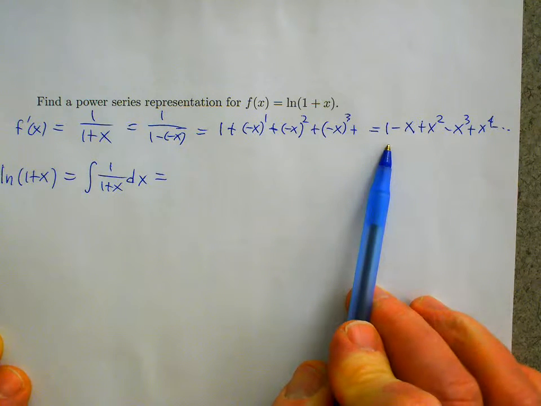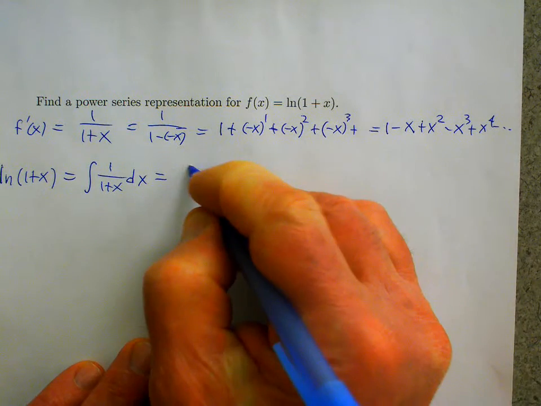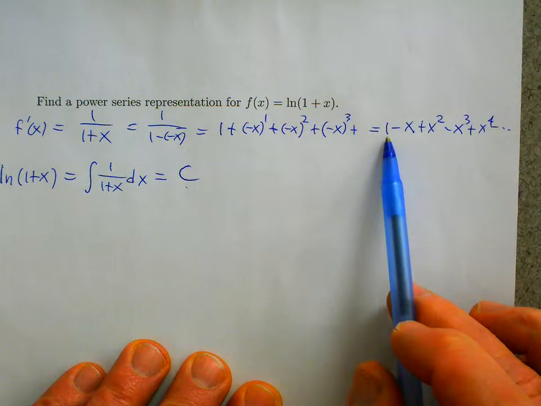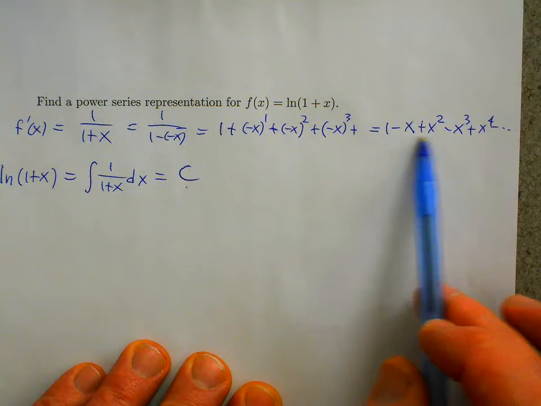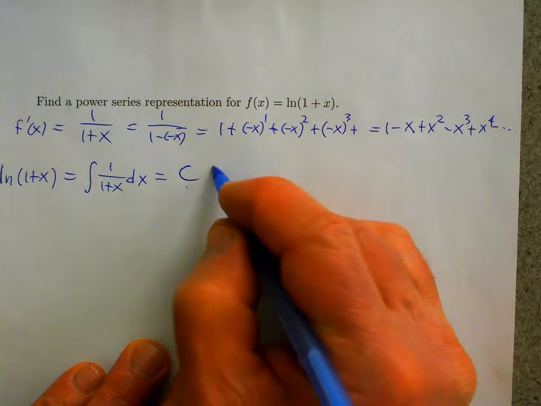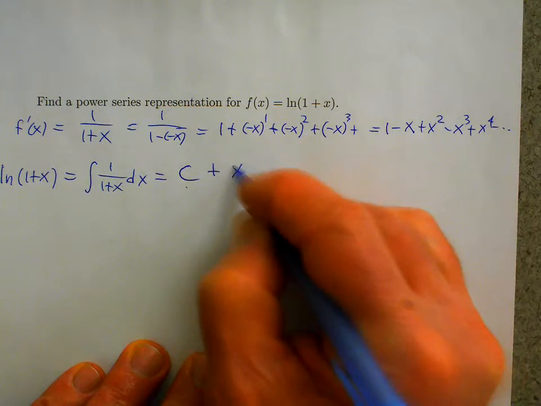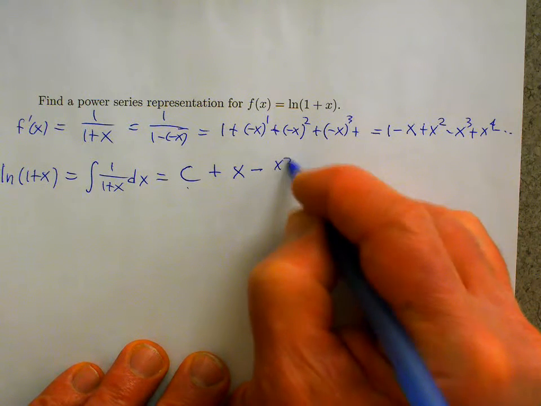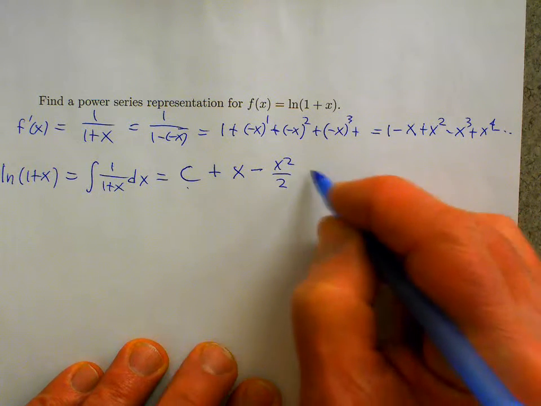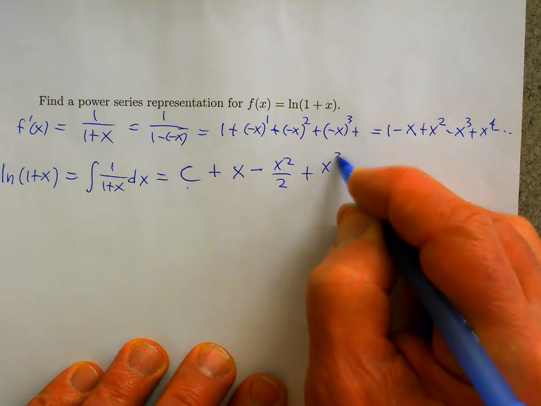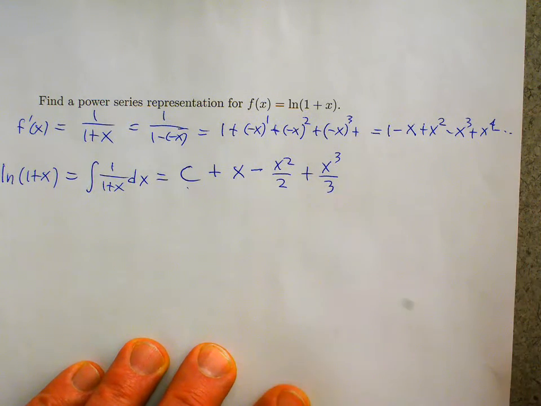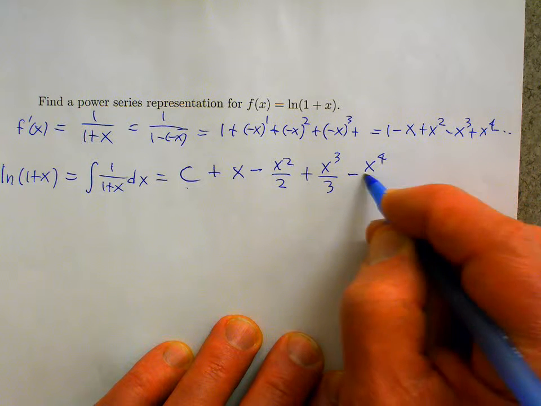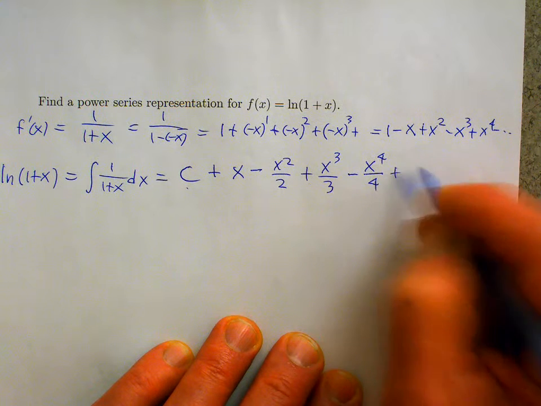So we'll include the constant of integration c, and then write antiderivatives for all of those terms. So plus x minus x squared over 2 plus x to the third over 3 minus x to the fourth over 4, and so on.